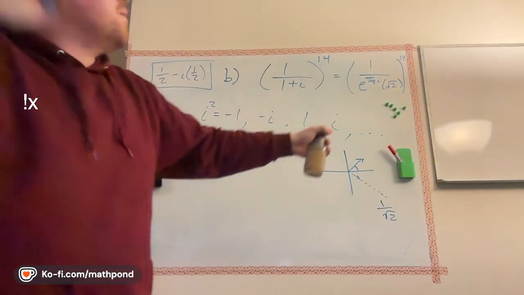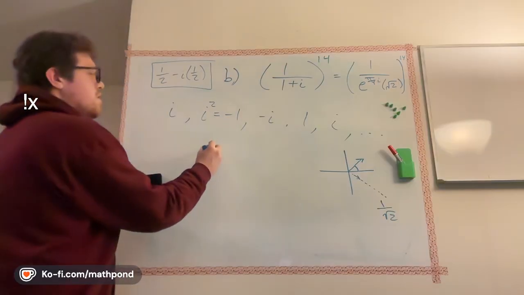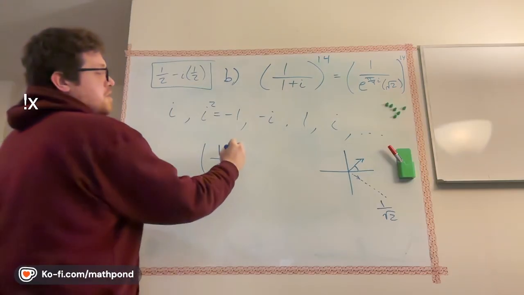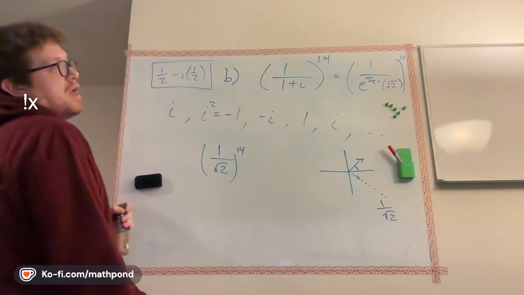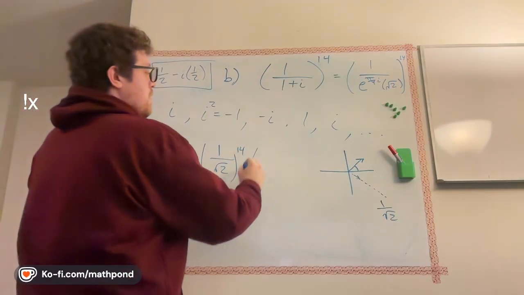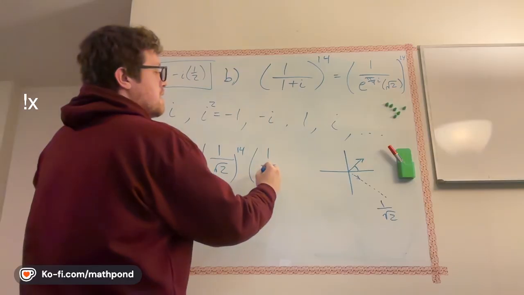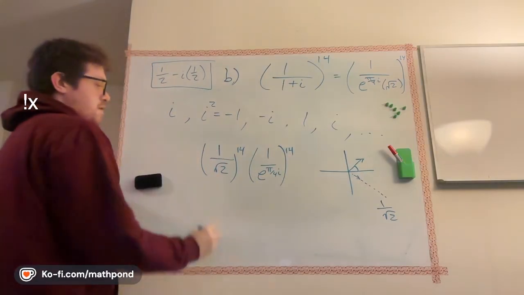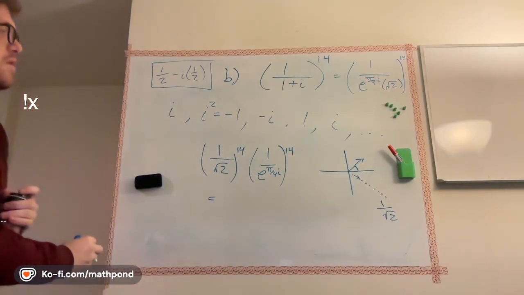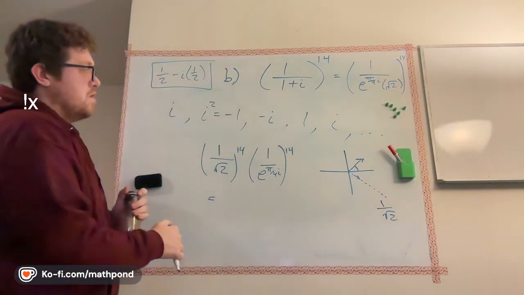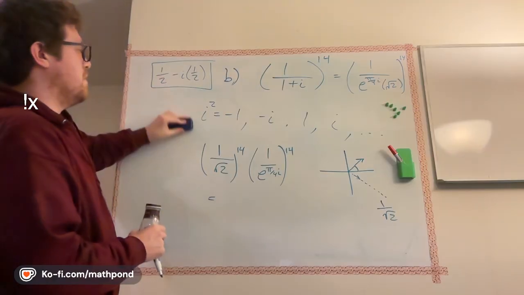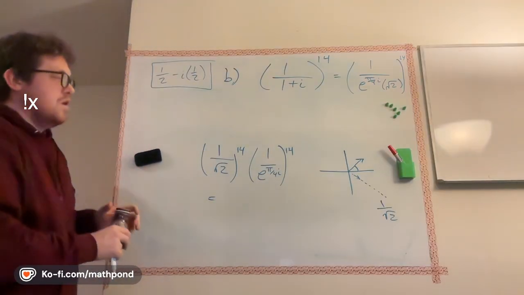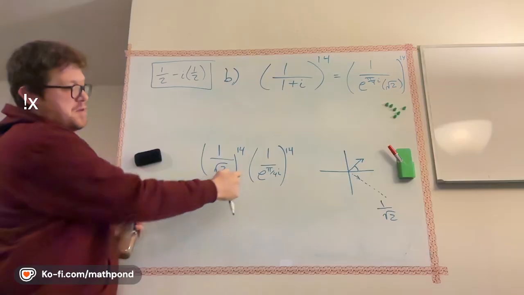Right, so yeah, we can pull this 1 over square root of 2 to the 14th power. I'll just pull that out. And then it's 1 over e to the pi over 4i to the 14th power. So I guess we don't really need this, but so what happens here? Every 2 powers basically becomes 1/2.